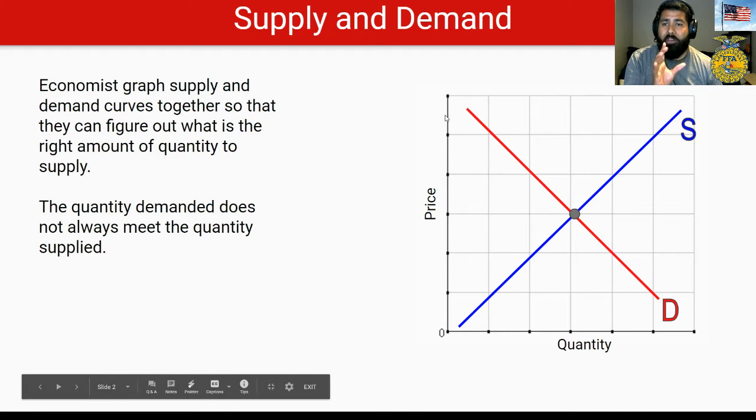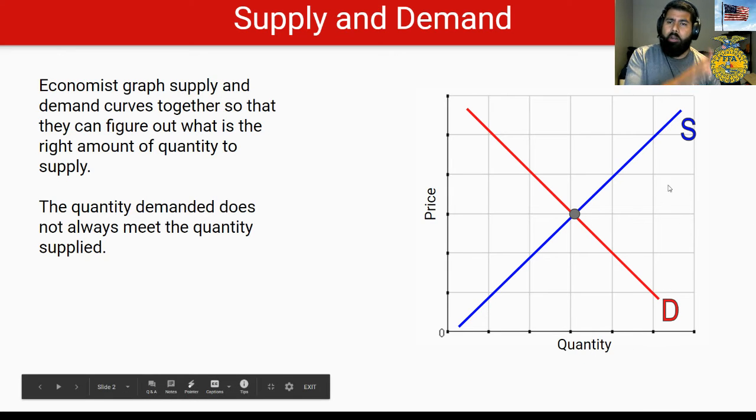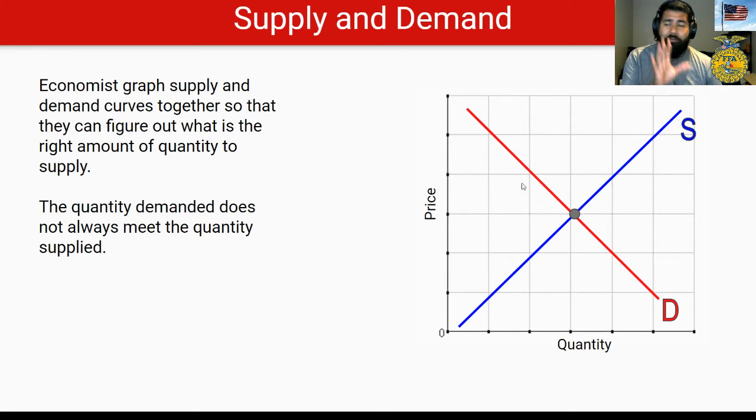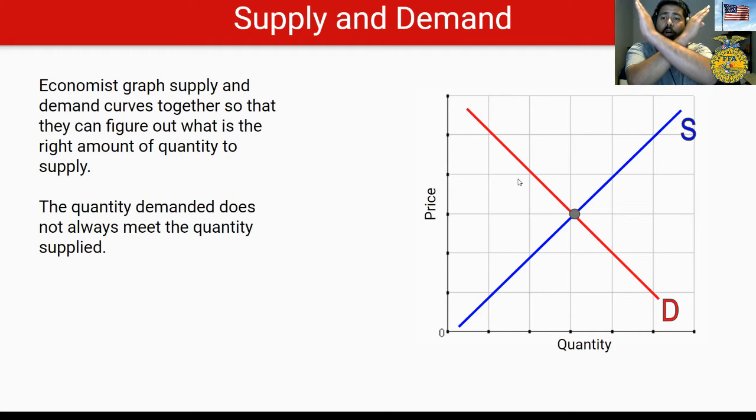So if it becomes more expensive, heck yeah, let's pop out more of the quantity so we can make more money, right? And for people in demand, they're like, yo, if that thing's super duper expensive, I don't want to buy that very many amount of quantity for that thing. So just remember, students, supply and demand always goes in an X, just like this, where your demand goes downwards and your supply goes upwards.